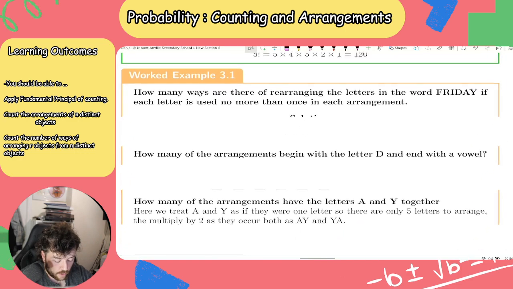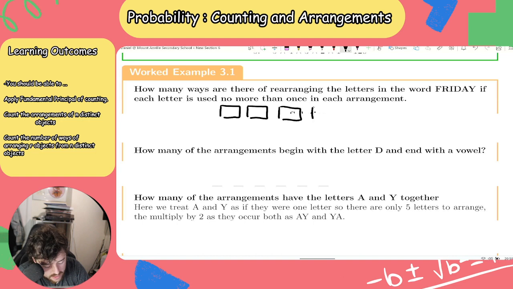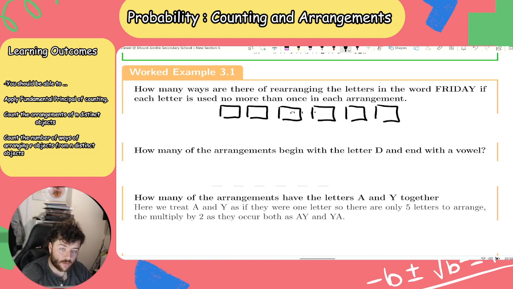So let's look at my worked example 3.1 here. How many ways are there to rearrange the letters of the word Friday, if each letter is used no more than once in the arrangement? So I can only use each letter once, and each letter has to be used. Let me break it down like this. It always helps to draw out boxes. I have 6 spaces in the word Friday.